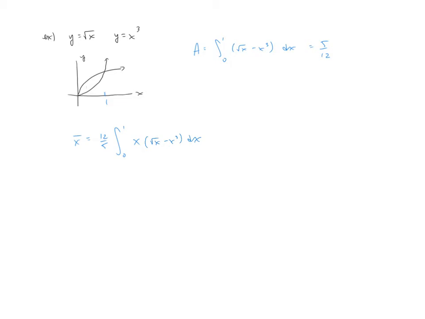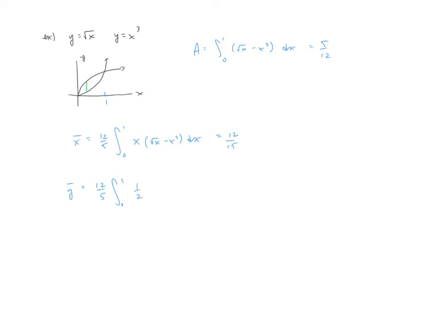Because we have these two curves here, we're going to have a top minus a bottom for our actual height. When you compute that, this gives you 12 over 15. The y bar is going to be somewhat similar, where we start off with this 12 over 5, integrate from 0 to 1. Now we have a 1/2.